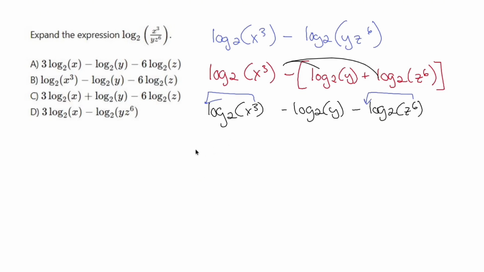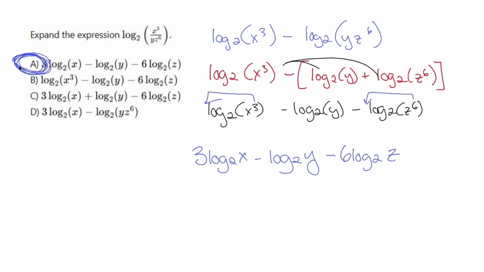So finally we end up with 3 log base 2 of x minus, nothing happens here, log base 2 of y minus 6 log base 2 of z. And that's going to be A, baby.